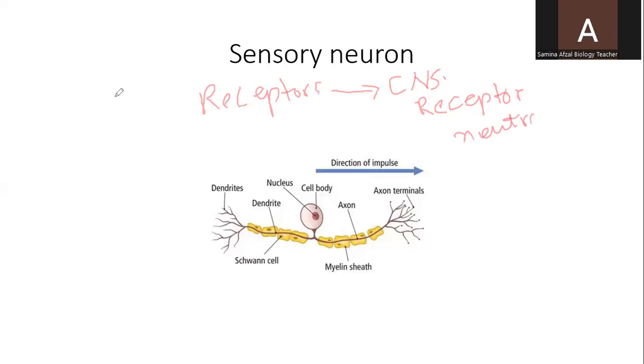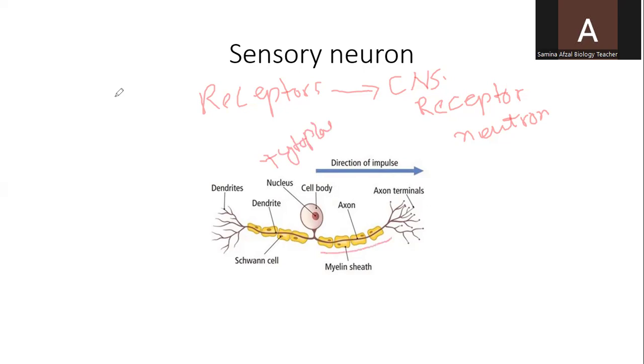If we study its structure, we can have a cell body which has a nucleus and cytoplasm. And you can see on the right side of the cell body, dendrites are there, which are further divided. And on the left side, you can have the axon.